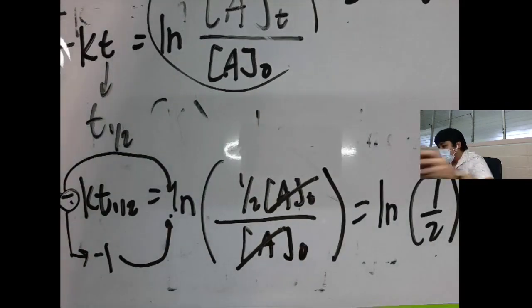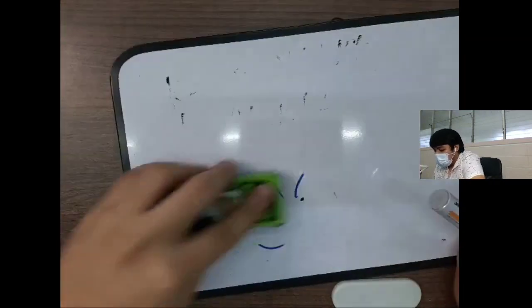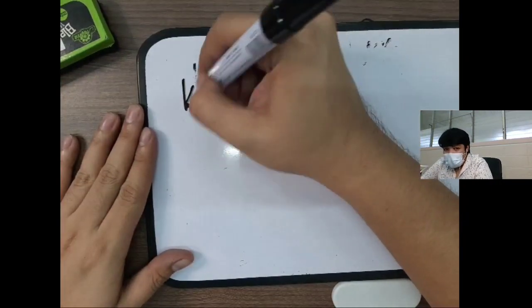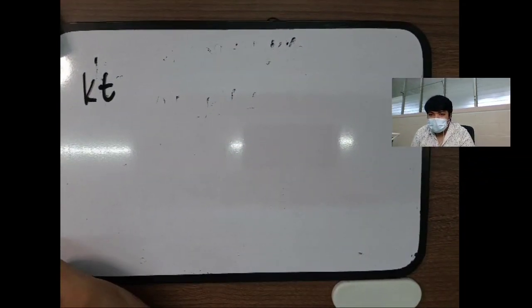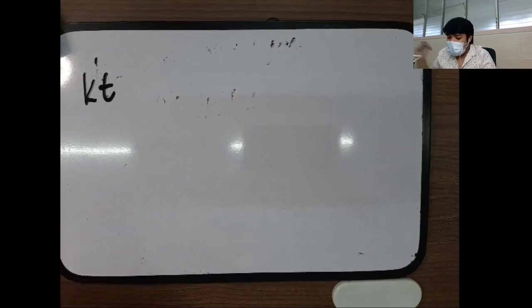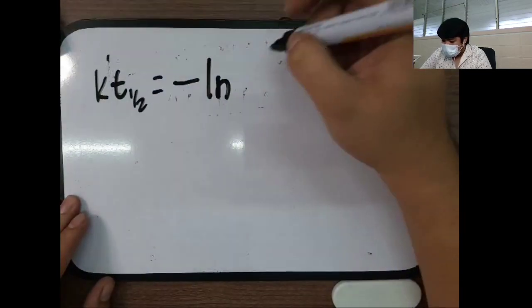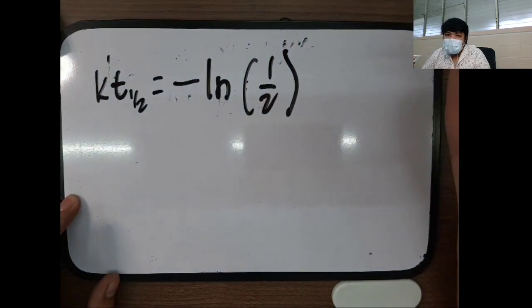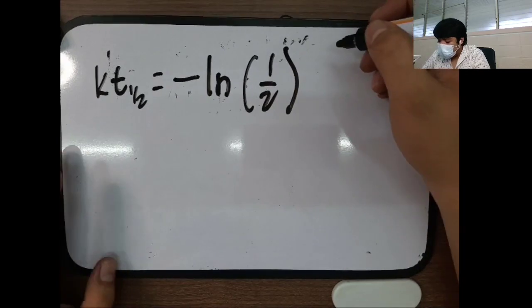So your equation will be transformed into kt sub 1/2 equals negative ln 1/2.